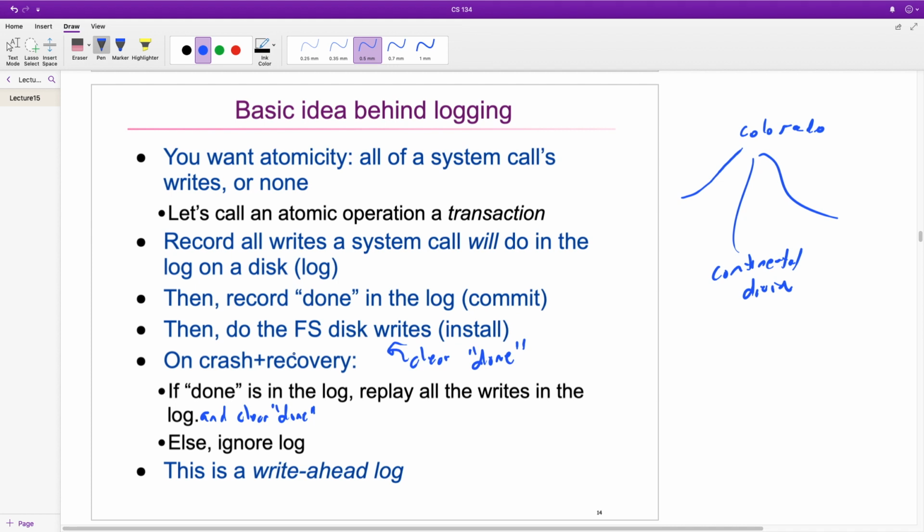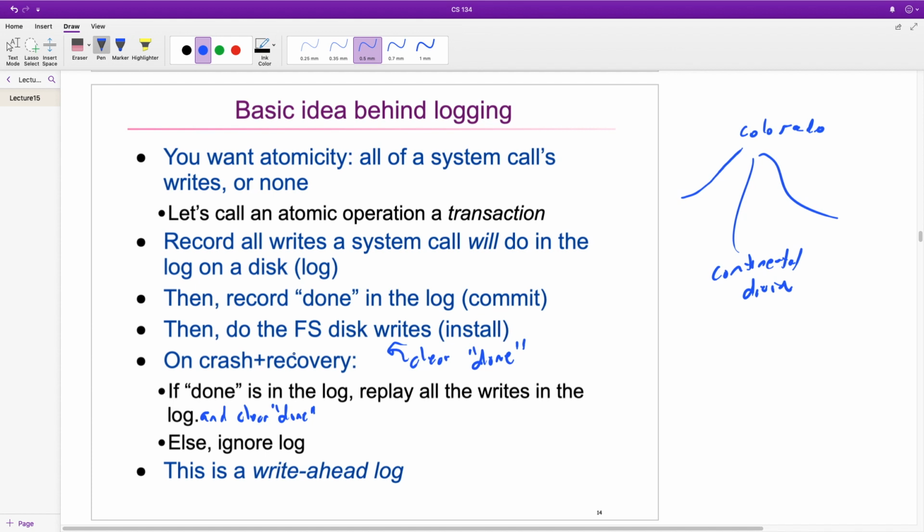Yeah. Why do we just clear the done and not the whole log? We could clear the whole log. The done is our single. So what we have to make sure of is our decision of whether we need to recover or not is limited to a single sector on disk, because that's the only one we can guarantee will be written atomically.